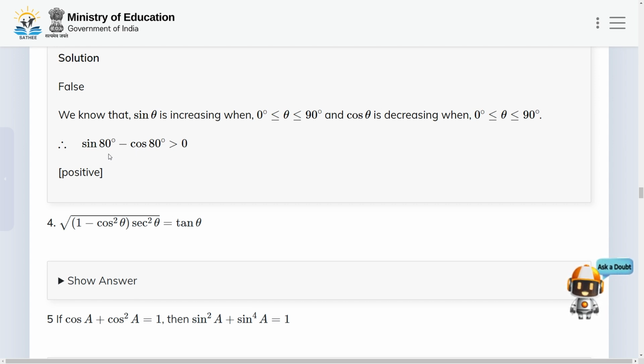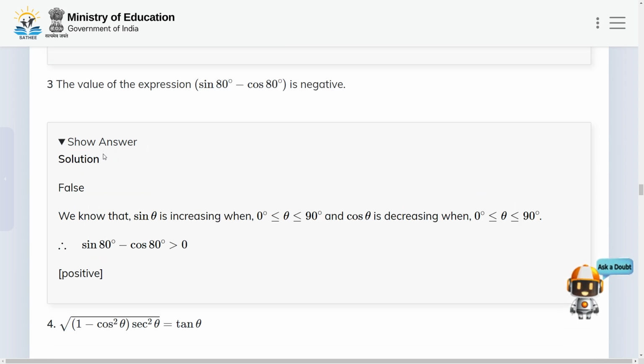Therefore sine 80 degree minus cos 80 degree is always greater than 0. Therefore the expression is positive, but in our statement it is given as negative. That is not possible, so the given statement is a false statement.